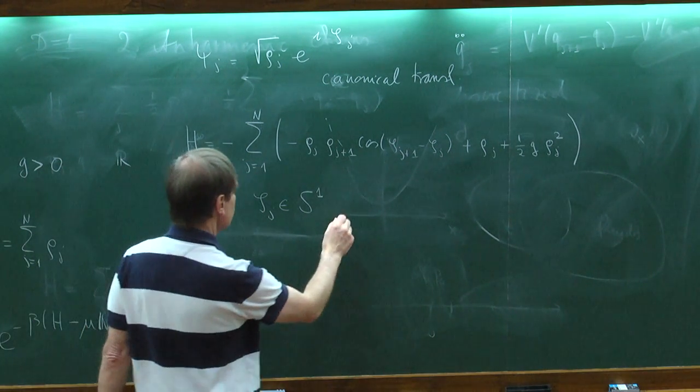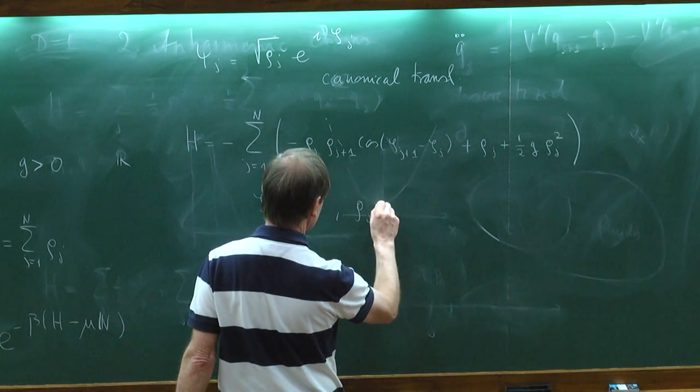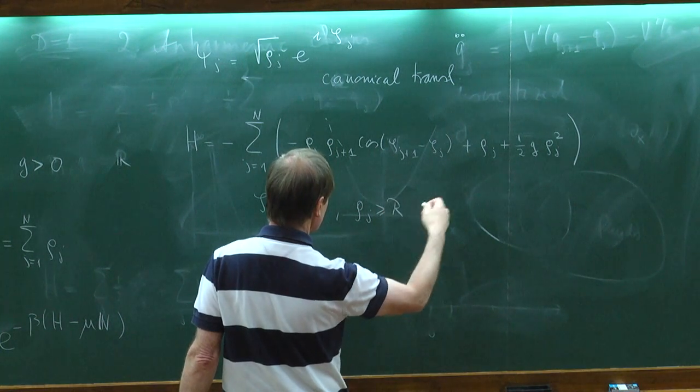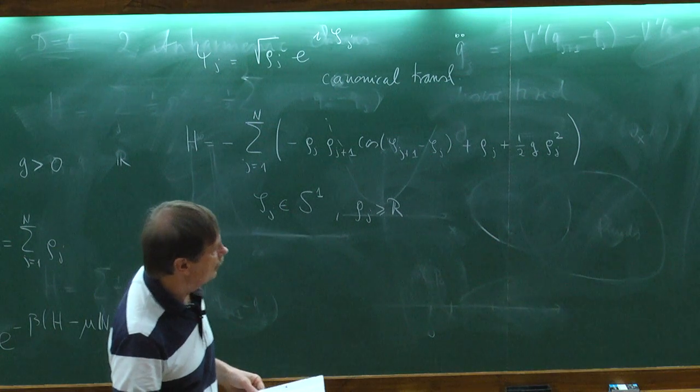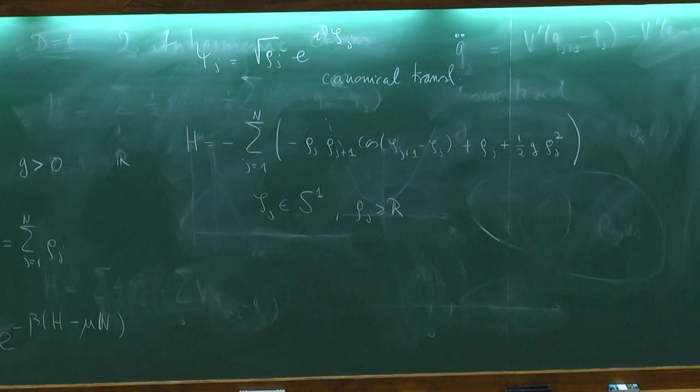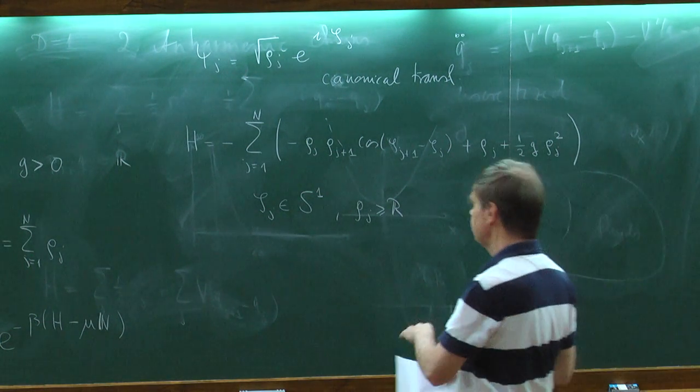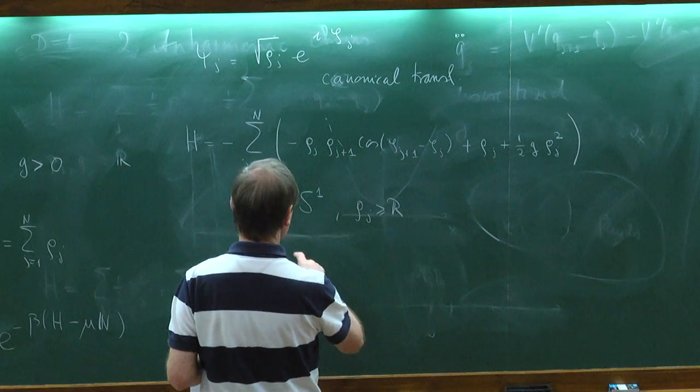The rho j's are positive. Well, that's maybe not so unusual. I could have also, for my anharmonic chains, a potential of this type. Okay, so the rho j's are positive.